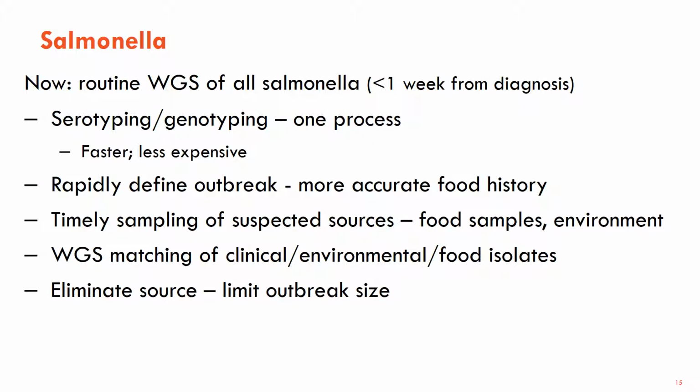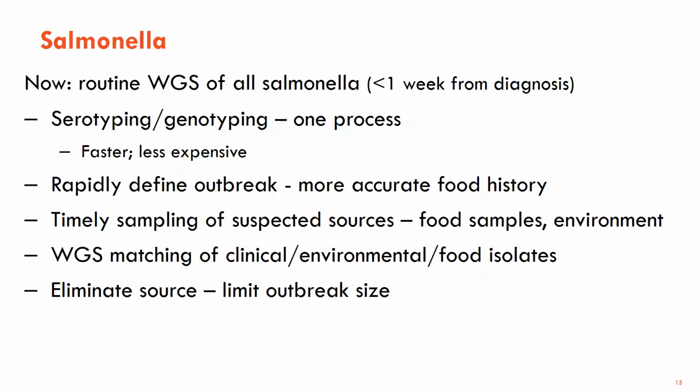However, since 2016, the reference laboratory in Sydney and some others in Australia have been performing whole genome sequencing routinely on all salmonella isolates, and the results are available within a week or even a few days of diagnosis. This provides all of the information that the previous strain typing methods provided, but it's much faster and less expensive.